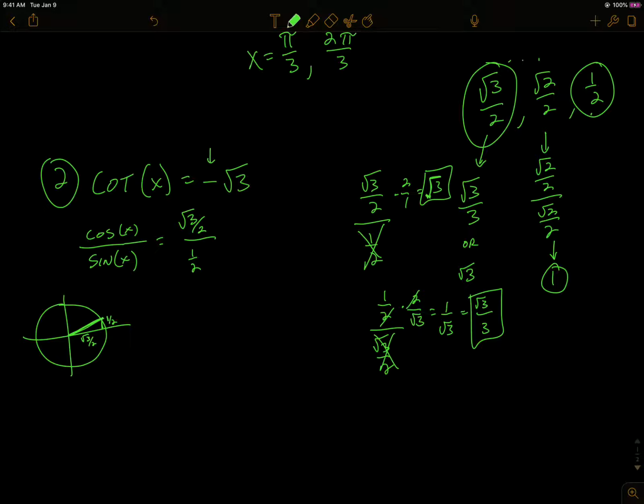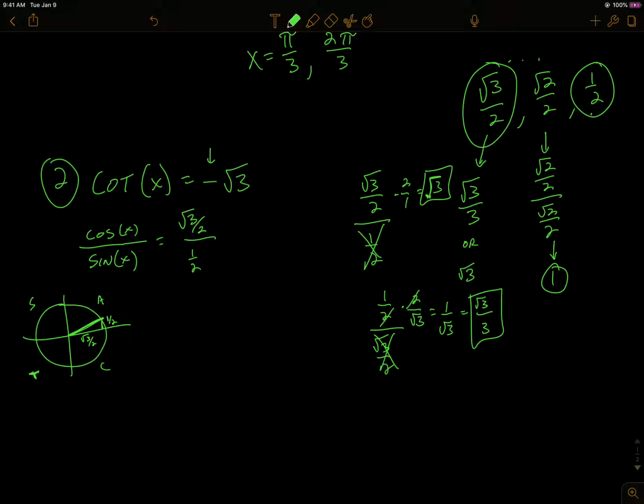All right, so now in quadrant 1, our cotangent is going to be positive, right? Because it's all students take calculus. So cotangent is going to be negative in which quadrant?